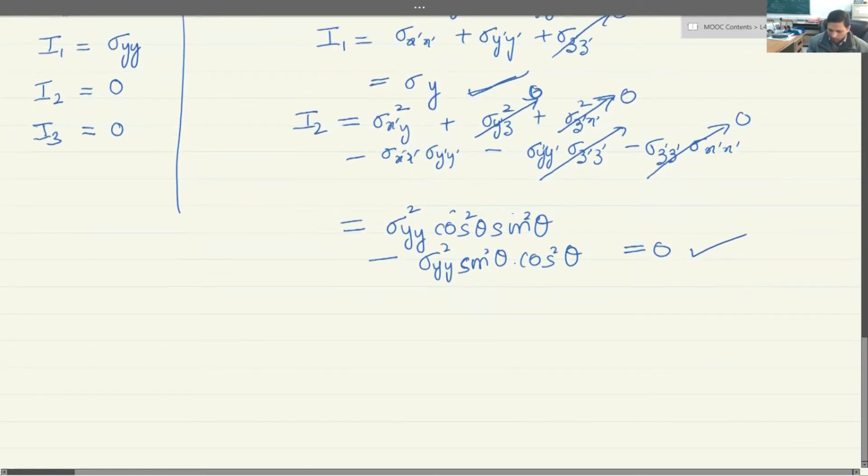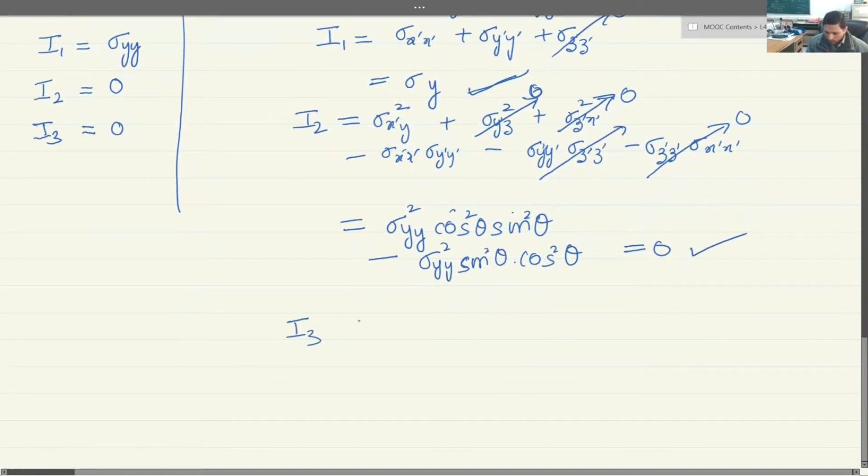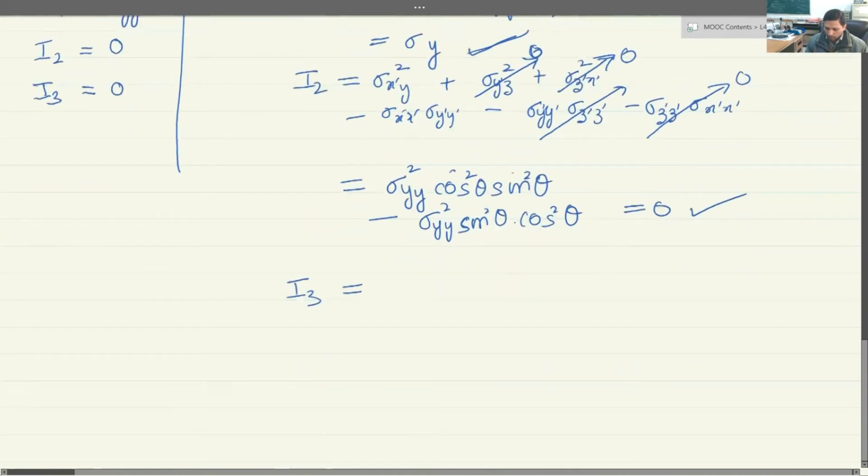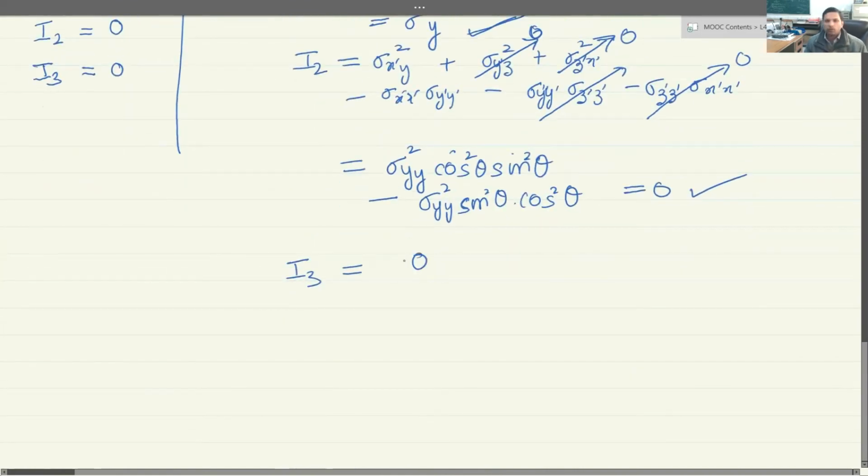Now coming to I3. For the I3, you would see that these are the elements xx, yy, zz. So zz is 0, so this term goes to 0. All the others are anyway 0. So I3 is also 0. So what do we see? Yes, indeed, the invariants are the same in both cases.